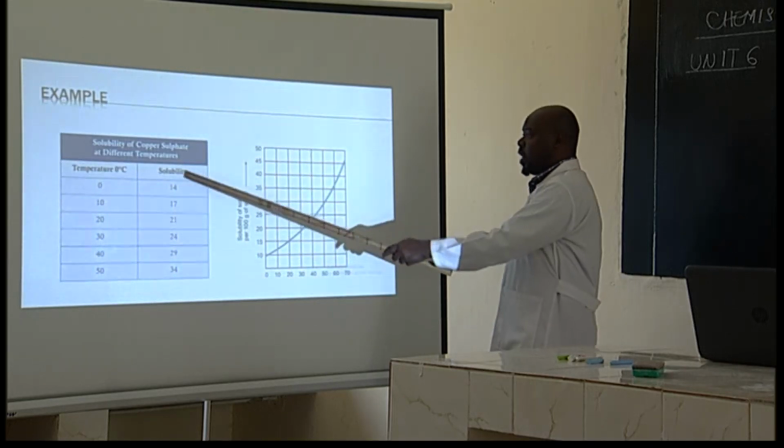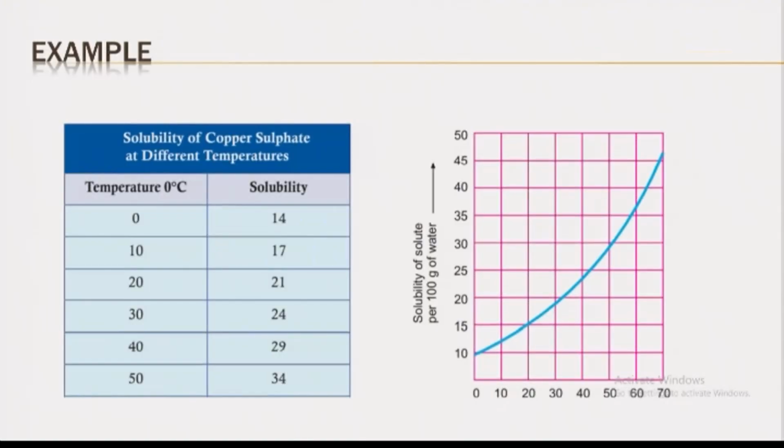So the solubility we have here will be the calculated value from the grams of solute dissolved in 100 grams of water at the temperature we have here. At 0 Celsius degrees, we have 14. At 10, it's 17, 20, it's 21.